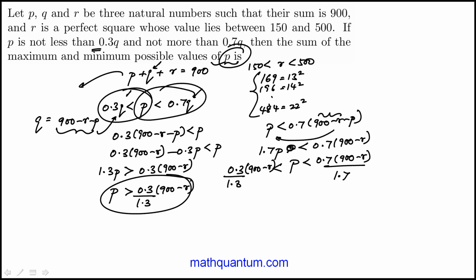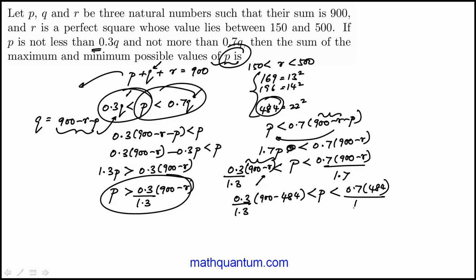So I'll start to find the least value. We'll try to make that as small as possible, and that means I need to make R as great as possible, so 484. If I replace R with 484, that would give me this inequality here.